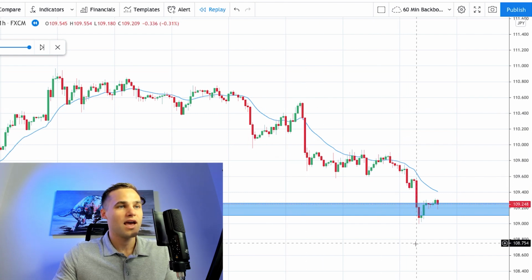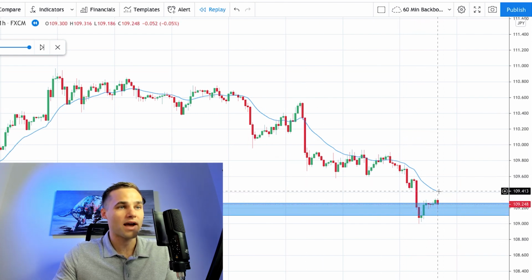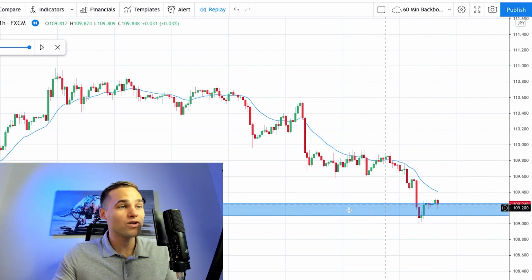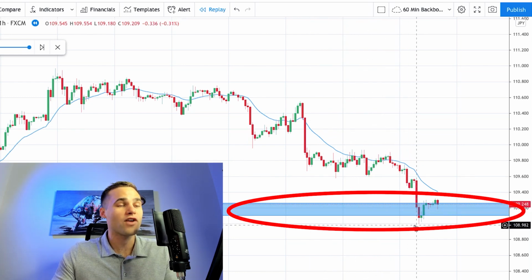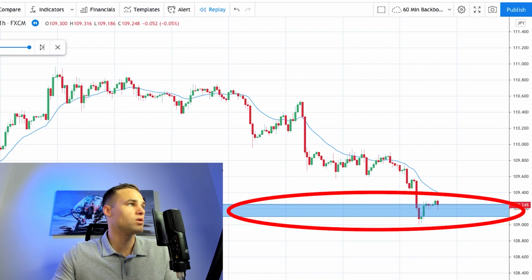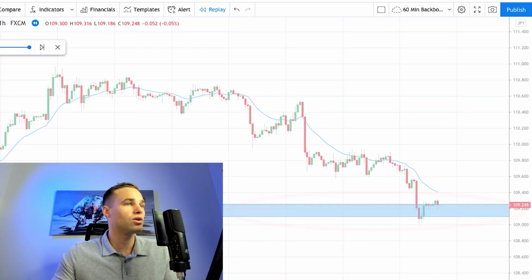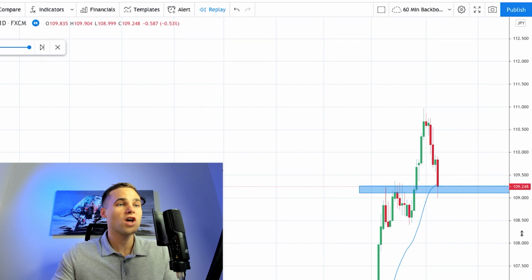And I would say, hey, this is a pullback. It's pulling back to this 21 EMA right here, and it may come down, because I would have never seen this key zone right here, which is a key support zone on the daily time frame. And I would have probably thought, okay, here's a great time to sell, which is what most people do. So that's why we have to look at the higher time frames and do this top-down analysis.